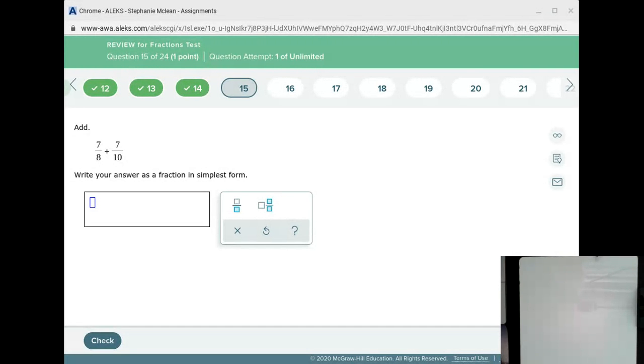But 8 goes into 40. So therefore 40 is our lowest common denominator.